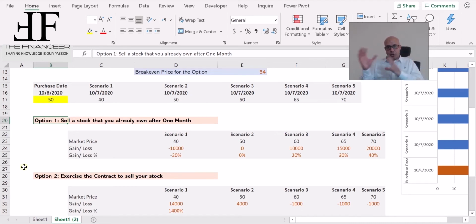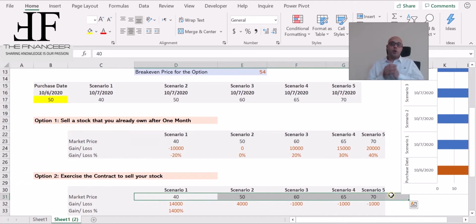So this is the traditional way of doing investment in stock. The other way is to sign a put option, which is option number 2 here. So we need to compare the risk, the loss and the gain on each one of them, based on all of these scenarios under each option. Okay, so this is the map of what we are going to do during the next few minutes.